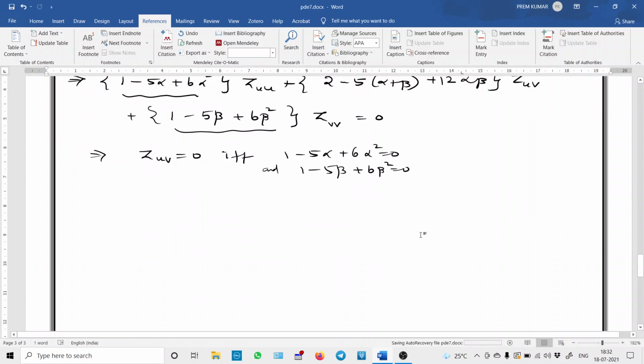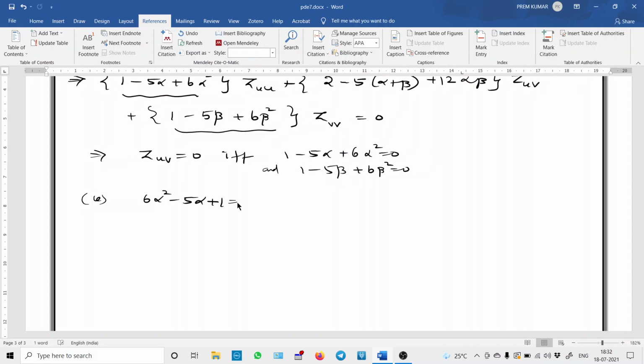From the first equation, that is a quadratic in alpha, we get 6 alpha square minus 5 alpha plus 1 equals 0, which implies alpha equals 1 by 2 and 1 by 3. And from the second quadratic equation in beta, we get beta equals 1 by 2, 1 by 3. So now what are the combinations of alpha and beta?